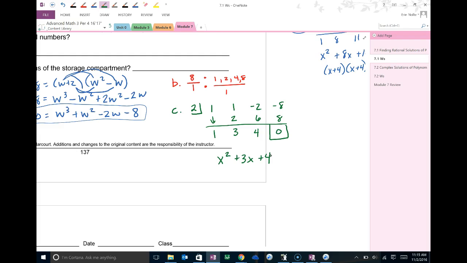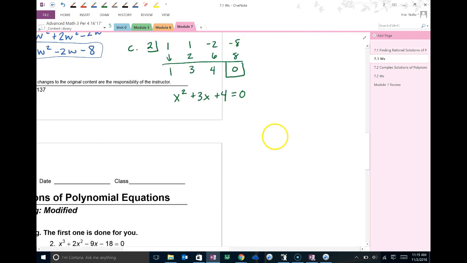No. So how could I possibly solve this quadratic equation if I couldn't factor it? It's not factorable. So what methods do we know to solve quadratics that are not factorable? The quadratic formula, yeah.